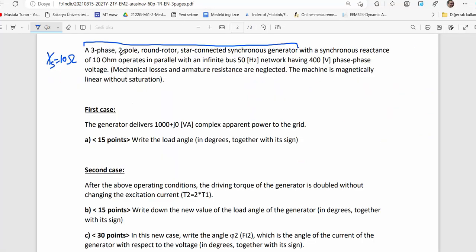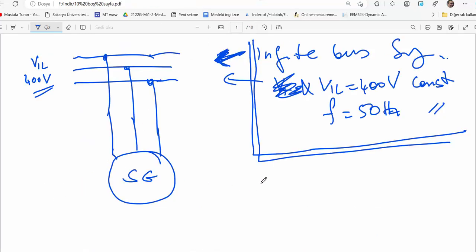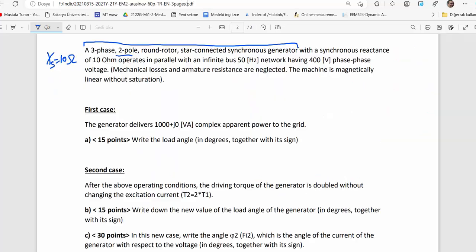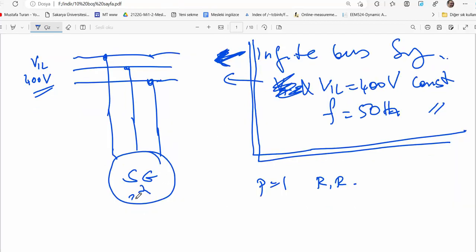And our generator has two poles, one pair of poles, and it is round rotor. It is star connected, three phase. Possibly here is an excitation circuit, but it hasn't been mentioned yet.